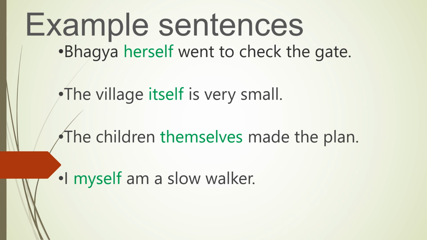Now, is there a possibility where I can omit the emphatic pronoun? Yes, I can still go ahead and frame a sentence. Bhagya went to check the gate. It is not necessary that you must use herself as an emphatic pronoun here in the sentence. So it can be omitted.